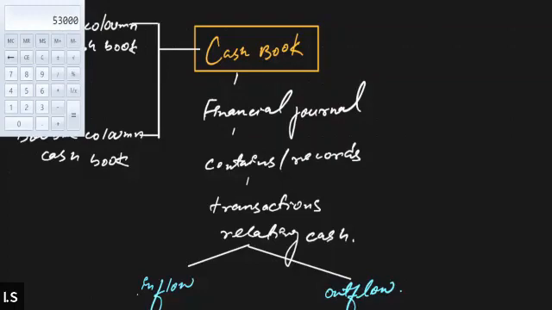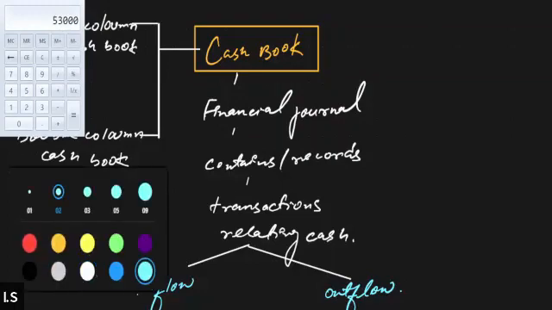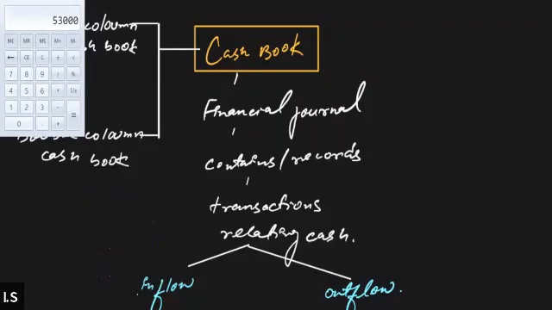So the book that records the cash and bank transactions at one place is called double column cash book, and single column cash book records the cash related transactions only. This is the basic difference between the single and double column cash book.